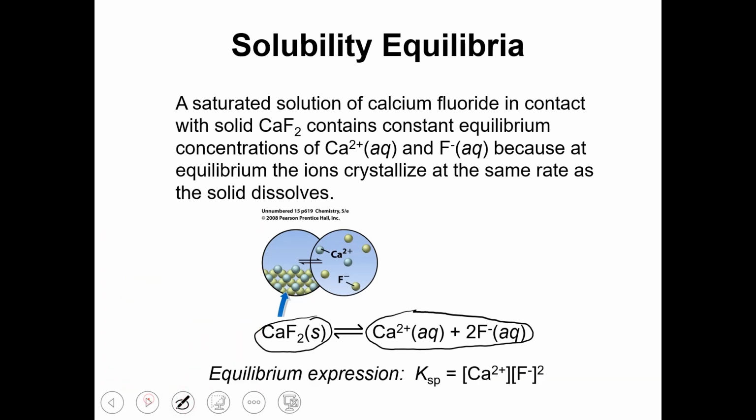So we can write an equilibrium expression for this if we write just the aqueous components, since we don't include solids. We would have the concentration of calcium times the concentration of fluoride squared, and we call this equilibrium constant Ksp, since this relates to the solubility.